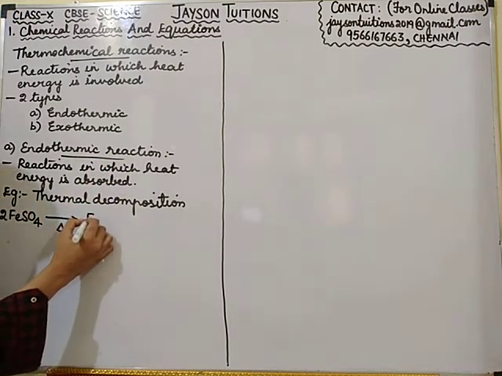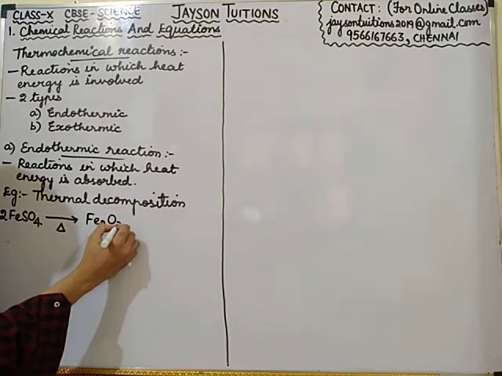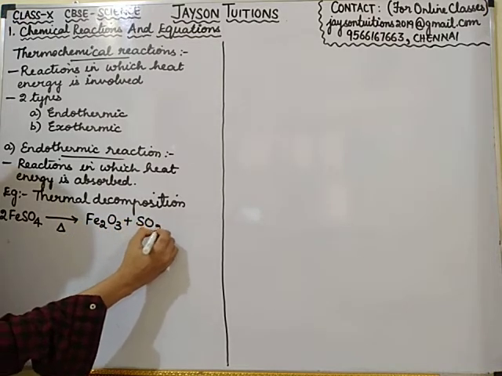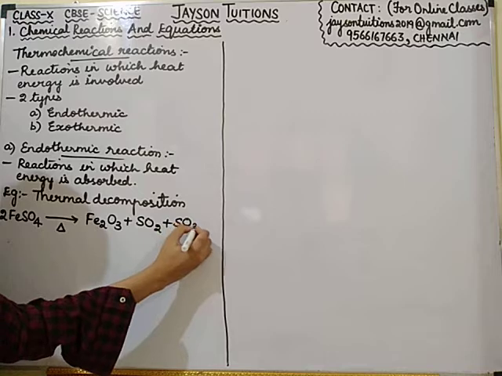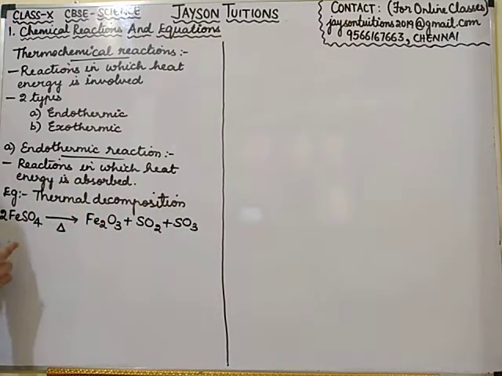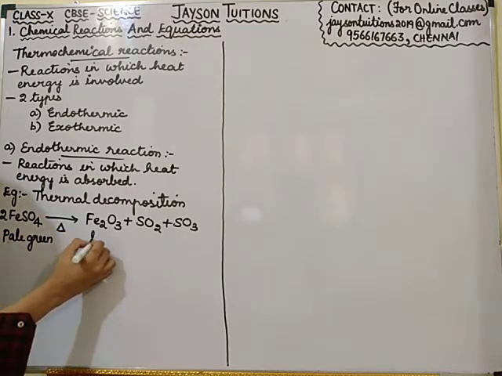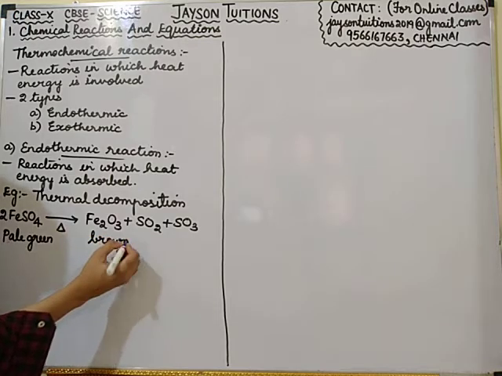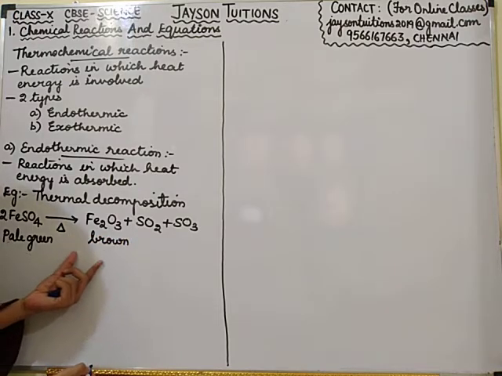So we already studied this: FeSO4 gives Fe2O3 plus SO2 plus SO3. I told you the observations also. This FeSO4 is pale green in color. When you heat it, it will become brown. So the color change will be from pale green to brown.